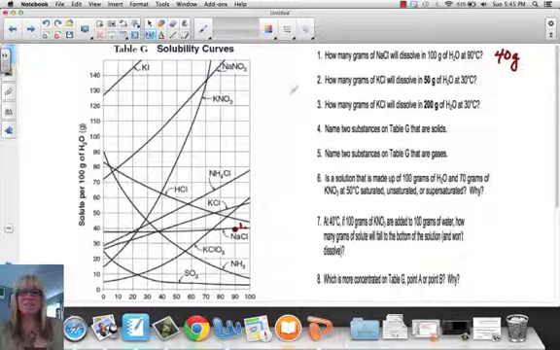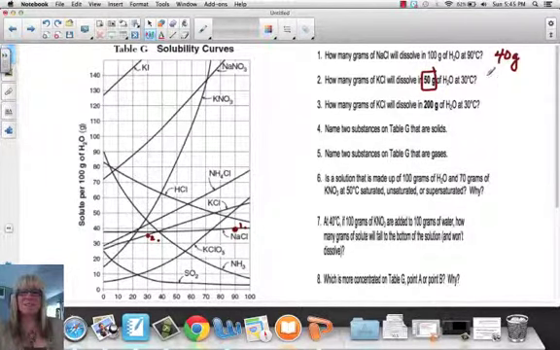How many grams of KCl will dissolve in 50 grams of water at 30 degrees? So let's go to 30 degrees, and let's see where that intersects KCl, which is right here. So it's number 2. Now this is about 35 grams, but that's in 100 grams of water.